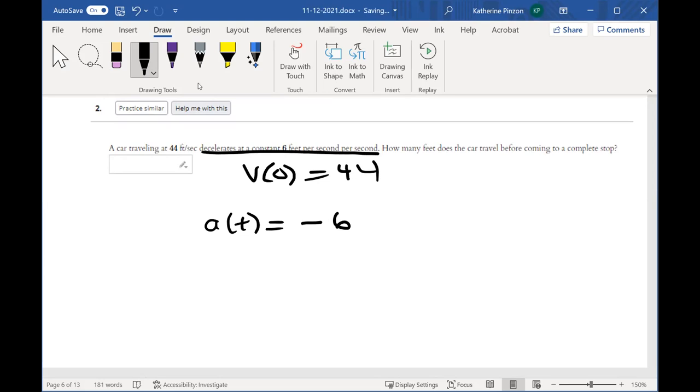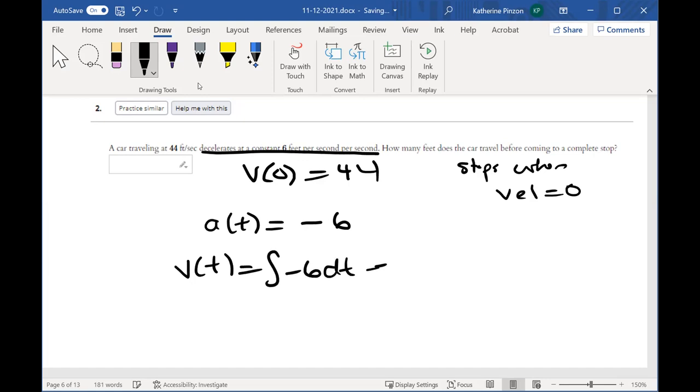How many feet does the car travel before coming to a complete stop? When does the car stop? It stops when the velocity is 0. If I have the acceleration, how do I get the velocity? Antiderivative. So v of t is the antiderivative of this, negative 6t plus c. How am I going to find c?